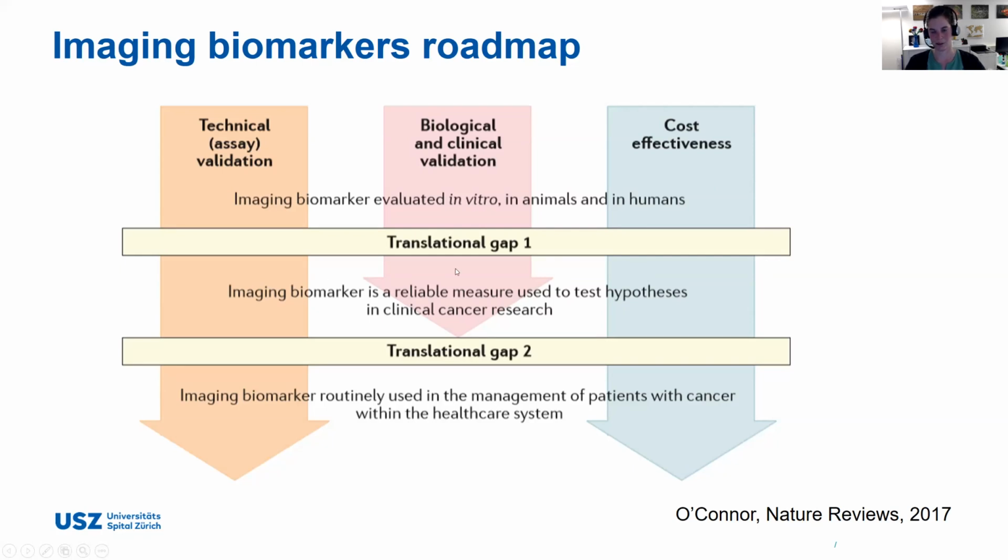Then we have to cross this first translational gap and get into the phase where we prospectively test these biomarkers. And only after that can we safely introduce these imaging biomarkers into the routine healthcare system.